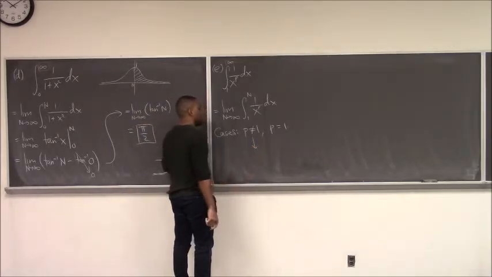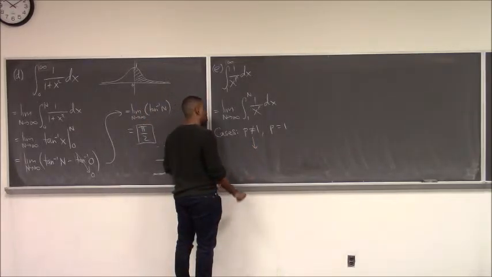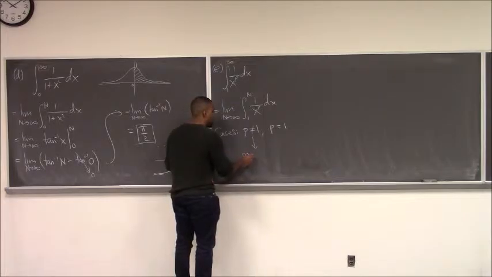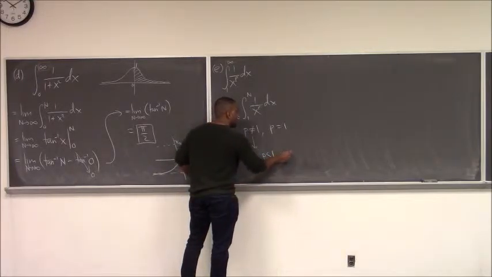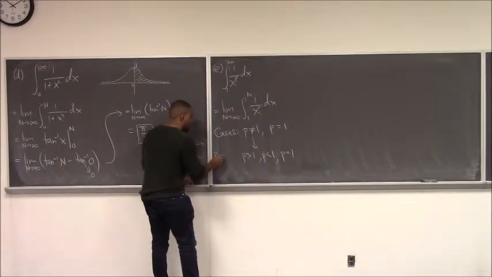And this I would break into several pieces as well. We can worry about what if p is positive, so like larger than 1, what if p is smaller than 1, and what if p is 1. So we have 3 cases.